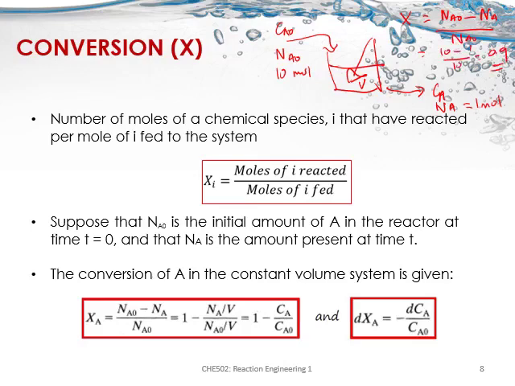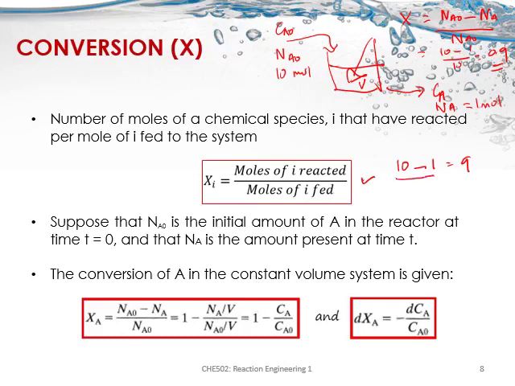Okay, that is conversion. So what you can say here, conversion is number of mole of species I that have reacted per mole of I fed to the system. So number of mole of I reacted, obviously it is 10 minus 1, which is equal to 9. Agree? There was 9 moles of species A being reacted.